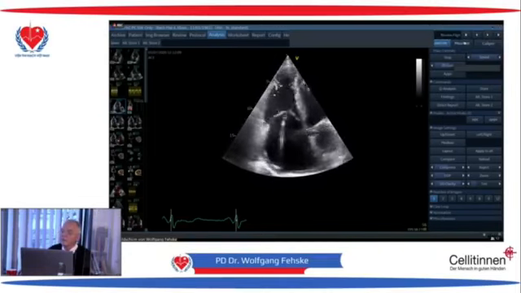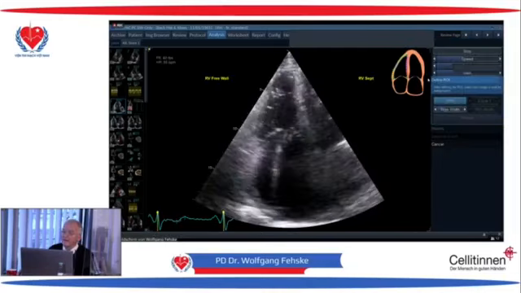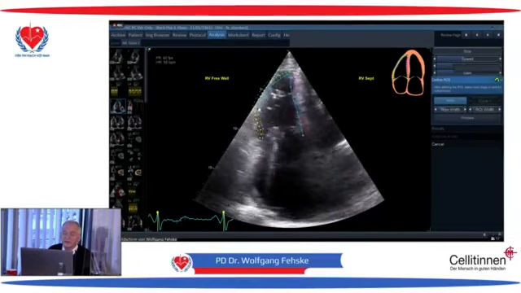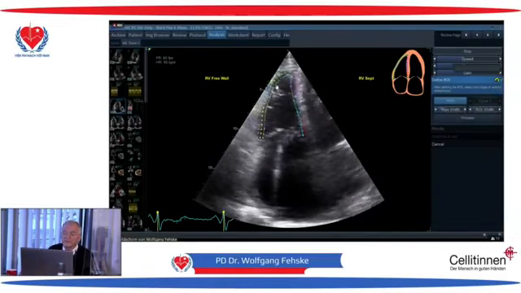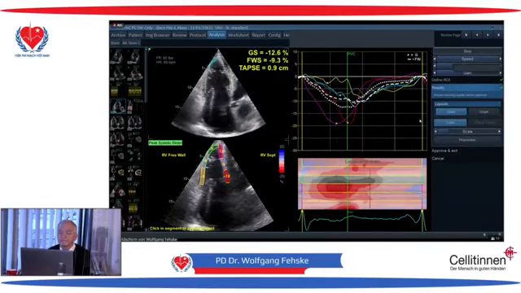Now we do much more. We go to the AFI of the right ventricle, and we take that, and that, and that, and we should correct a little bit, and the rest is the computer. And the computer shows us very nicely that there is no contraction in this area.